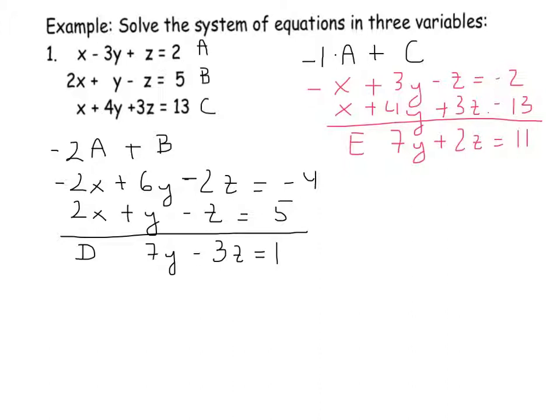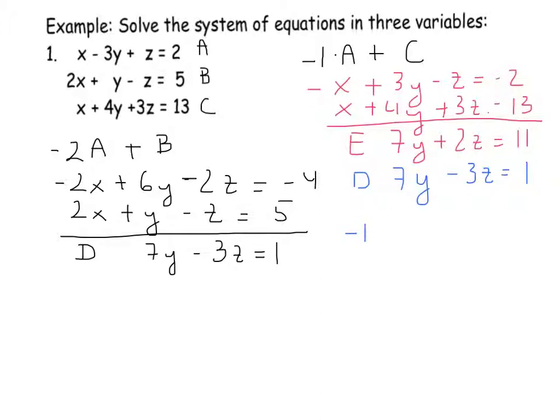So now the resulting system of 7y minus 3z equals 1 and 7y plus 2z equals 11 is a system where I only have two variables. So I'm going to write equation D under E, and then I'm going to multiply equation E by -1.